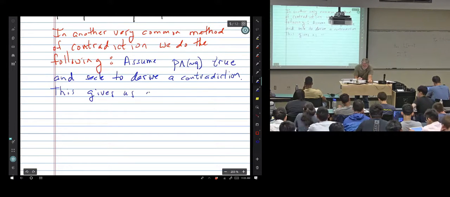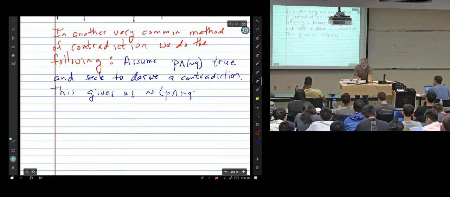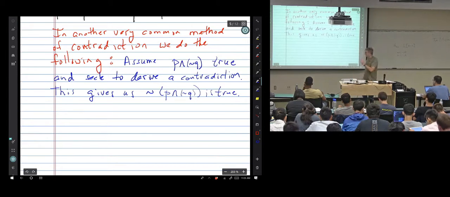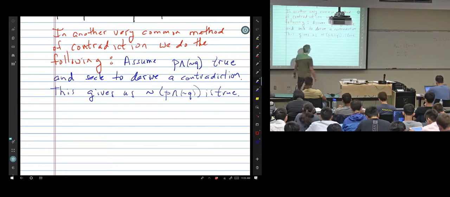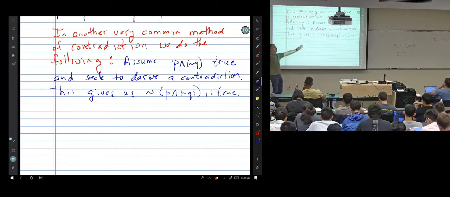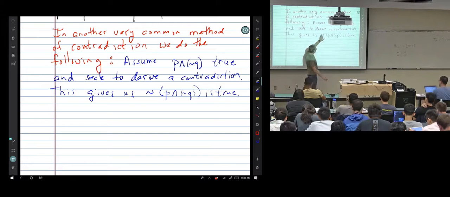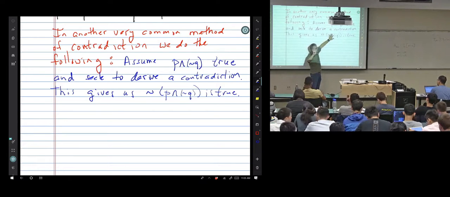This gives us not P and not Q is true. Okay, you're going like, that's okay. So now what I want to do is go through something called a truth table.